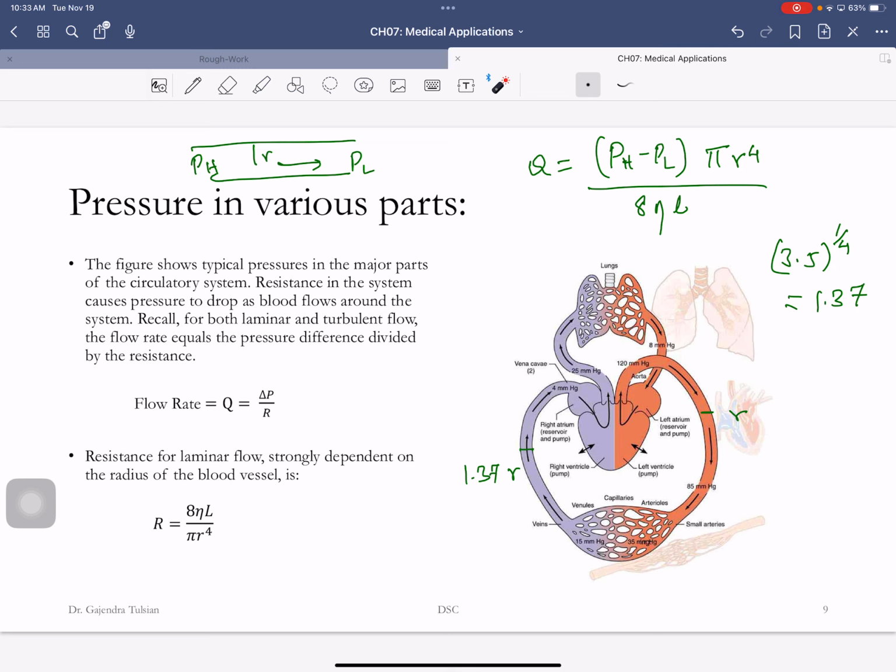While trying to supply nutrients, you're forcing out water from the blood, but that is being reabsorbed. Water will get reabsorbed if this pressure is lower than 22 millimeters of mercury. That's the osmotic pressure.